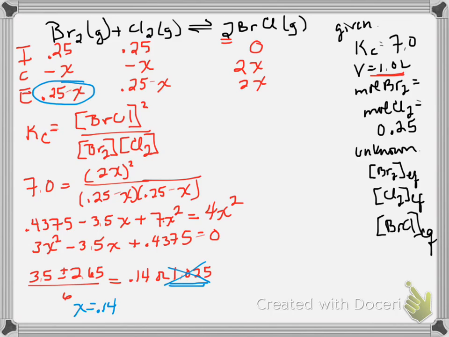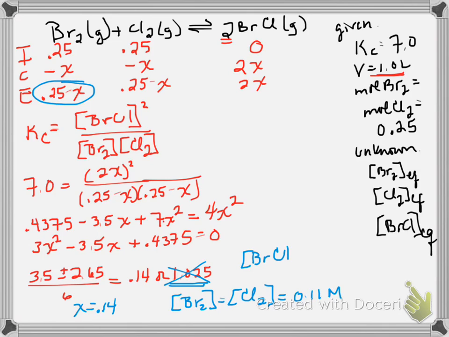You could also graph that, by the way. All right, so plugging that back in, the concentration of bromine is going to be the same as the concentration of chlorine. It is going to be 0.25 minus x, or 0.25 minus 0.14, which gives me 0.11 molar.